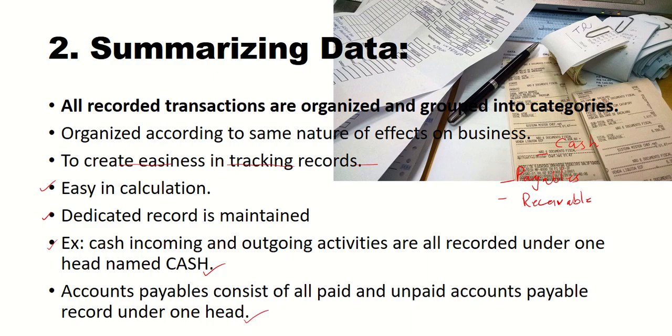So it becomes very easy to check the different people from whom you have payments to be received, so you can find them under one place, or to whom you have paid all the payables. So this kind of information is provided while summarizing the data.